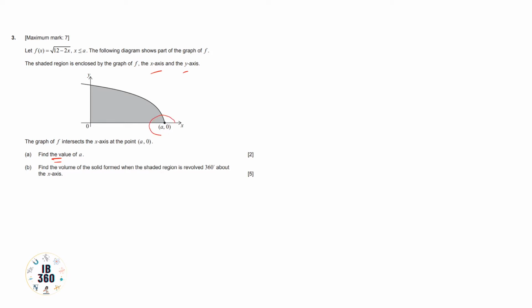Here you can see the intersecting point is (a, 0). So obviously at x equals a, the value of y is 0. So we will write f(x) equals root over 12 minus 2x, x less than or equal to a.